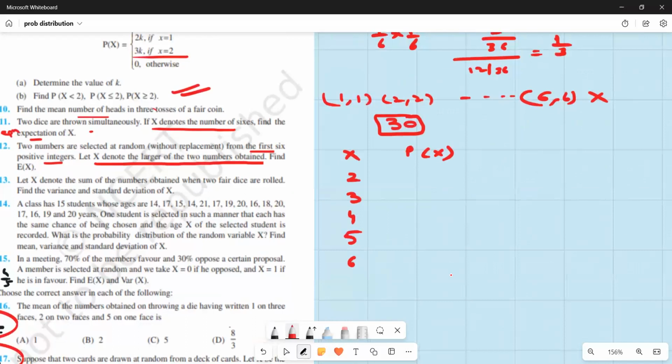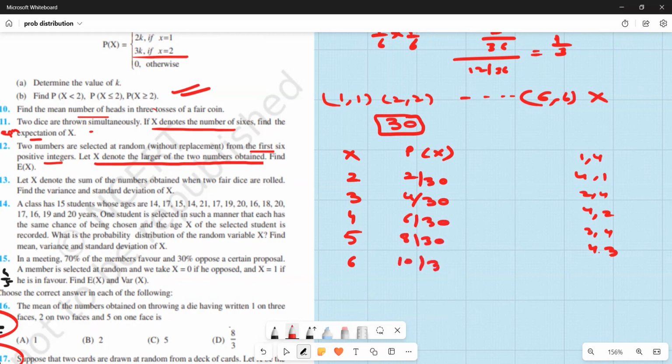So 1, 2 and 2, 1, 2 cases out of 30. Then 3 is larger than 1, 2: 3, 1, 1, 3, 3, 2, 2, 3, right? Then 4: 4, 1, 1, 4, 4, 2, 2, 4, 4, 3, 3, 4, right now? So 6 cases. So it will be 8 cases and it will be 10 cases.